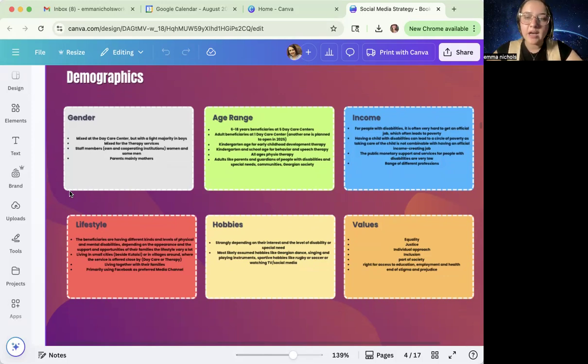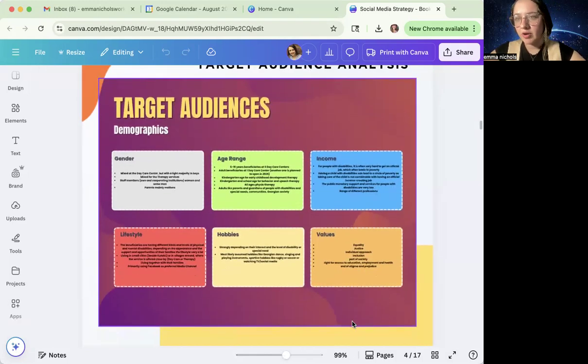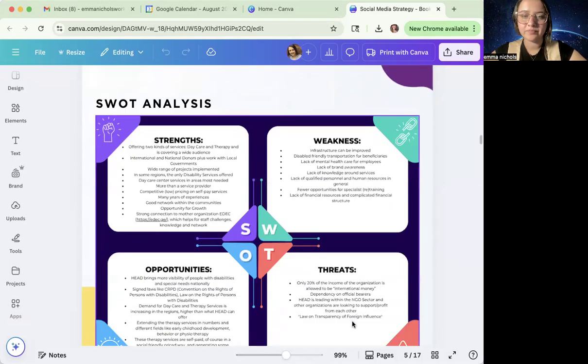And then hobbies, again, having different types of hobbies depending on the disability. They value equality, justice, individual approach, inclusion. They want to be part of society. And this is basically just talking about our target demographic for the people that are at HEAD, and also the people that you're going to be targeting in your social media.